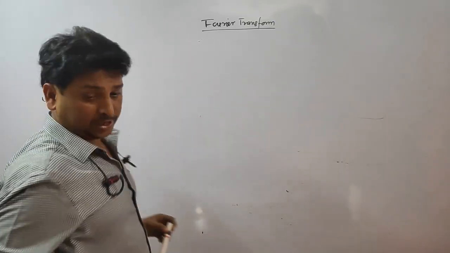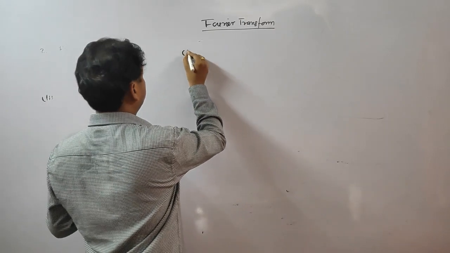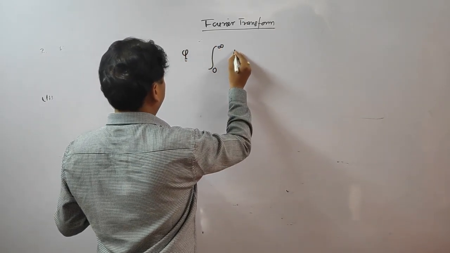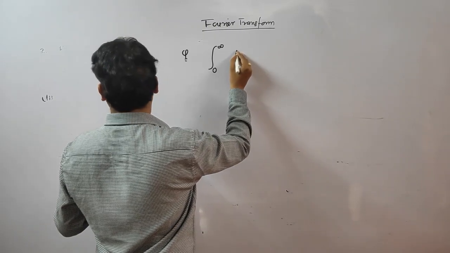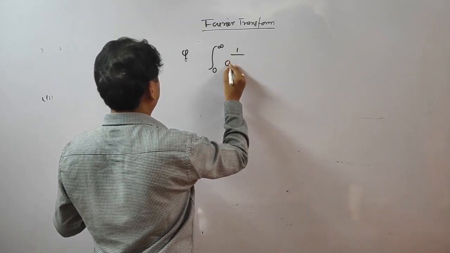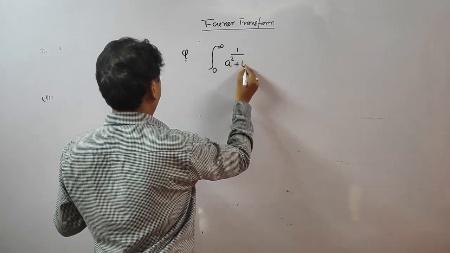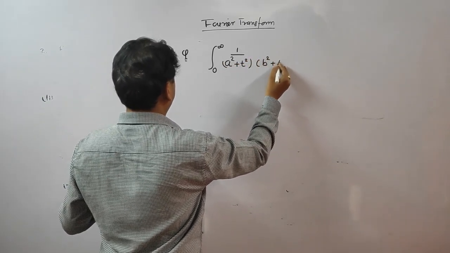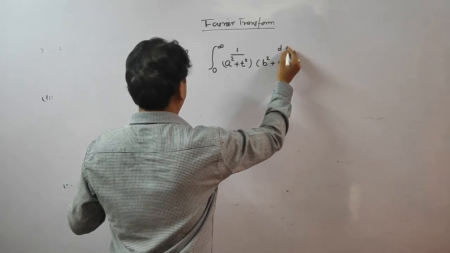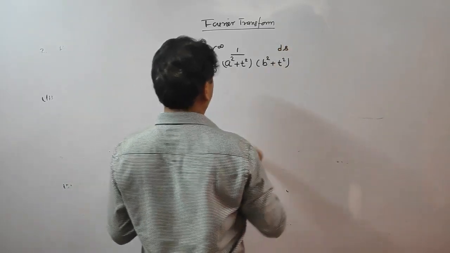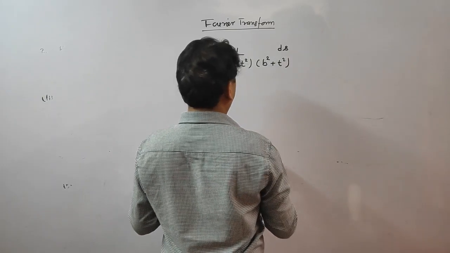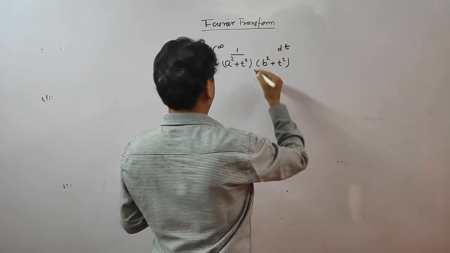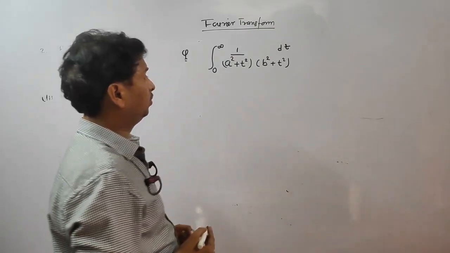So the question is, evaluate the integral from 0 to infinity of 1 upon (a square plus t square) (b square plus t square) dt, and calculate its value.